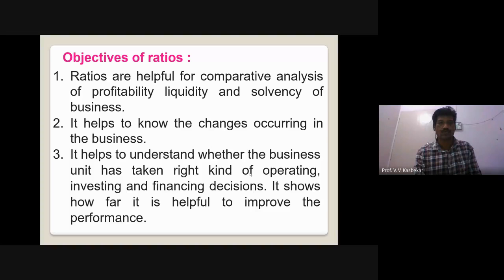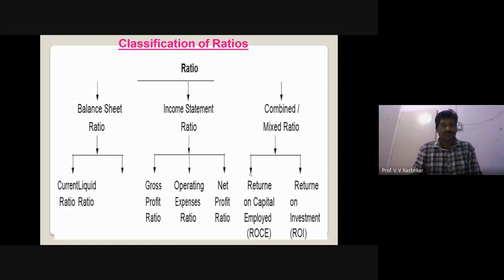Last lecture, we studied balance sheet ratios, in that current ratio and liquid ratio. Now, in this lecture, we are going to study income statement ratios, in that gross profit ratio, operating expenses ratio, net profit ratio, and again in combined or mixed ratio, return on capital employed, that means ROCE, and return on investment, that means ROI.